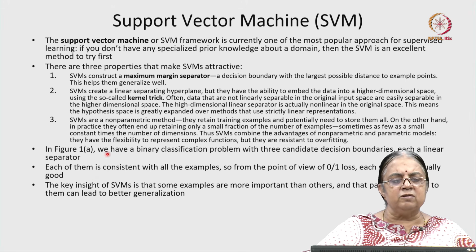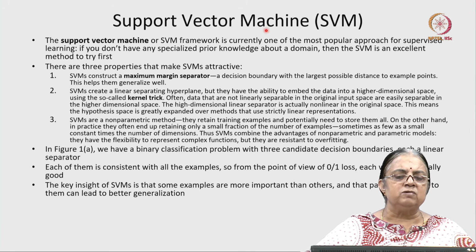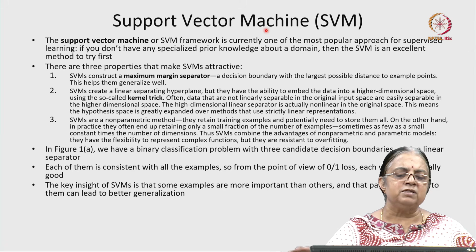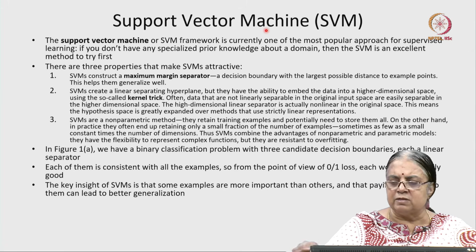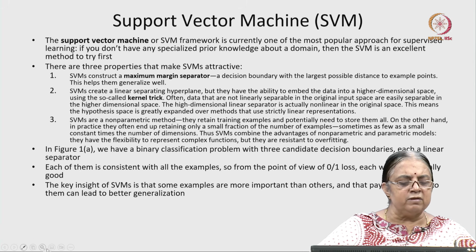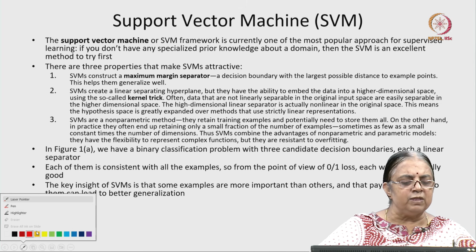Okay, next we will see the support vector machine. The support vector machine basically works on two classes. If you have patterns belonging to two classes, it tries to find the dividing hyperplane between them.